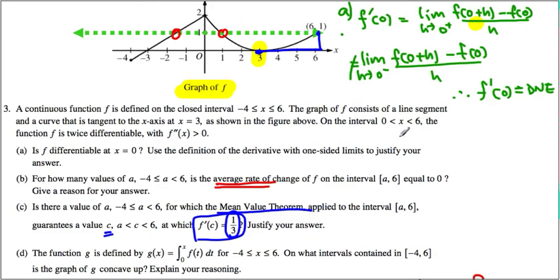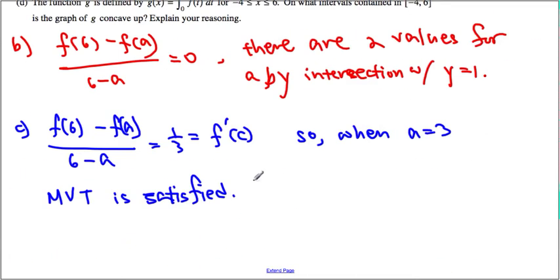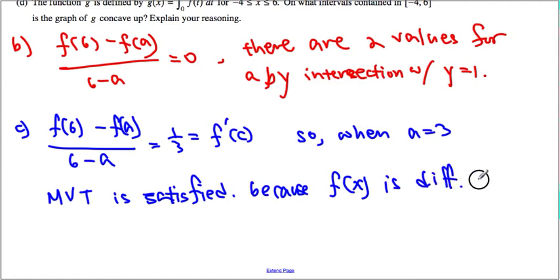And we also have to notice that it was twice differentiable, so we can assume that this is a differentiable function because f of x is differentiable over x from 3 to 6.